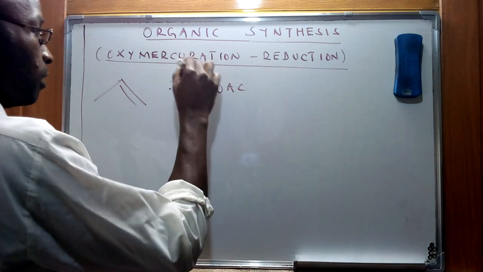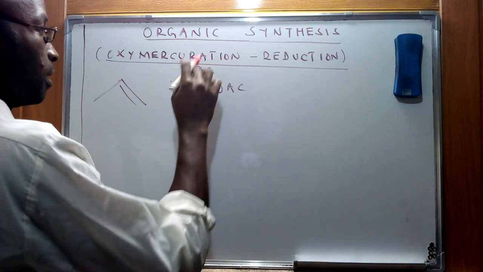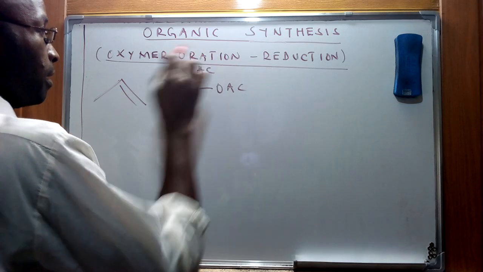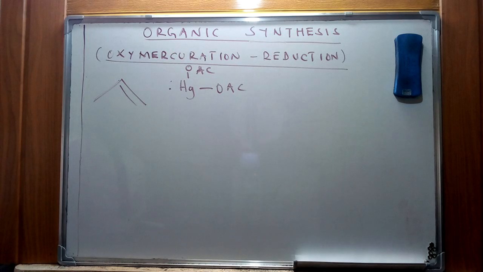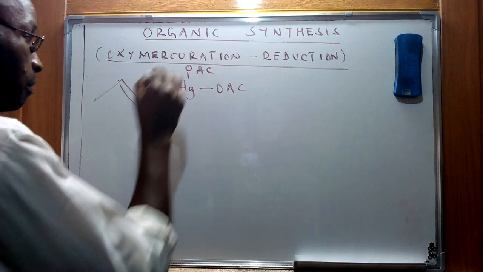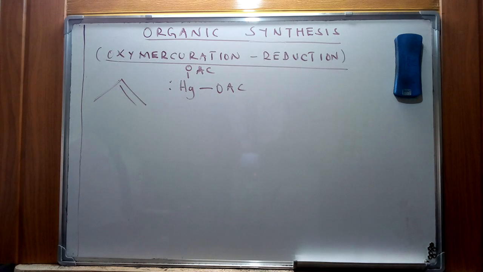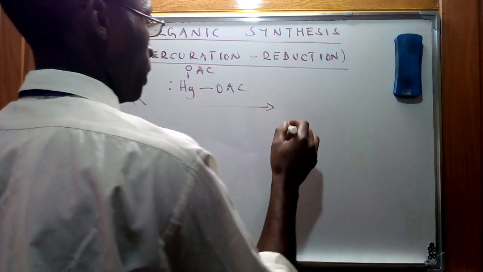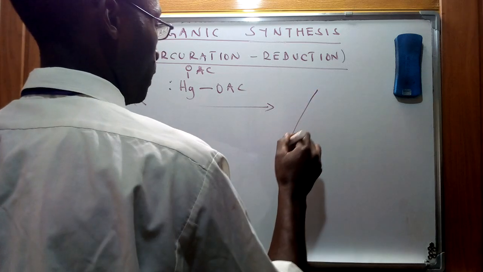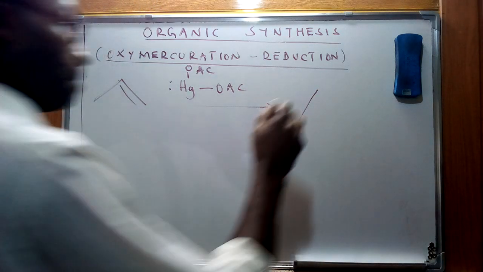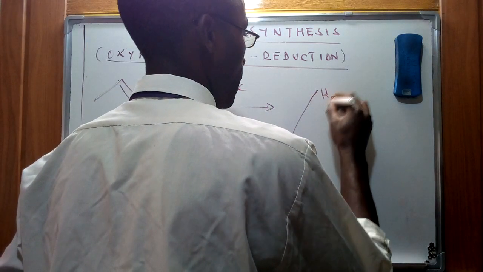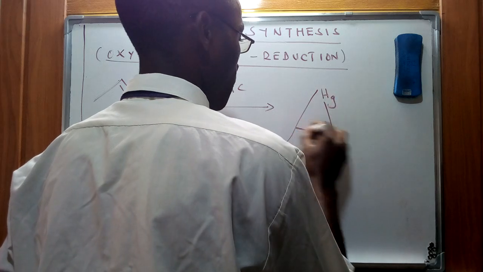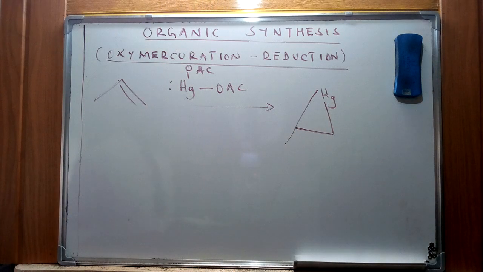It's going to have those two specific molecules attached to the mercury as such. From this I've illustrated this pair of electrons which are appearing here. We're going to see that this forms what we call an intermediate, which is going to be a cyclic form of that particular nature.